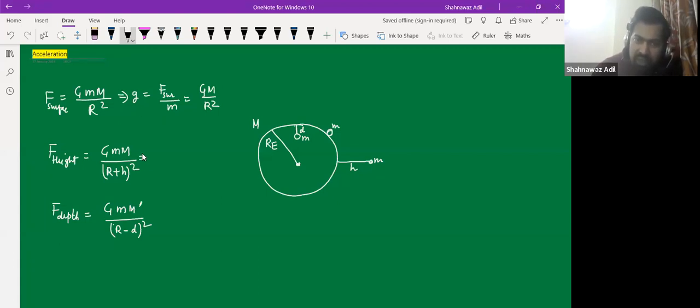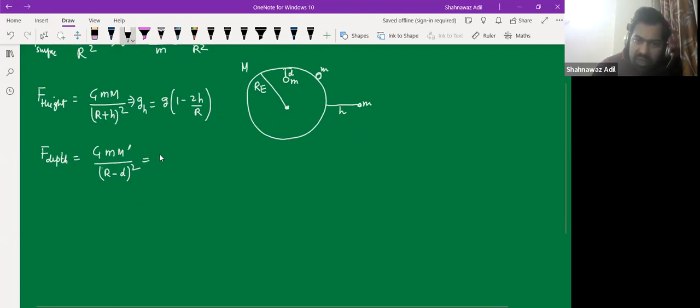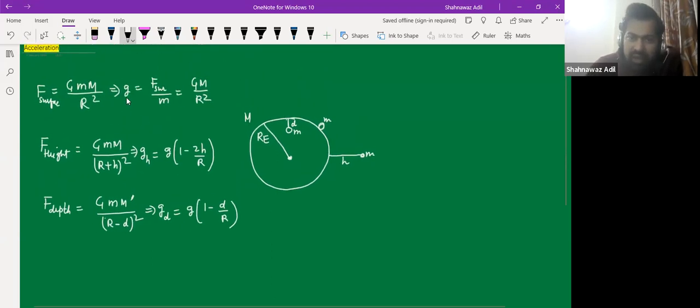Similarly, we calculate the gravity at a certain height, and when we solve this it comes out to be 1 minus 2h by R. Similarly, at depth it comes out to be 1 minus d by R. So the maximum acceleration is always at the surface, and at different places you have different acceleration due to gravity. Is it clear to you?